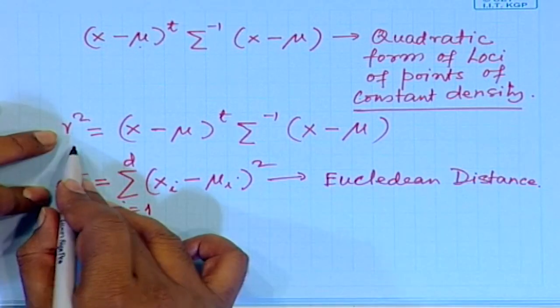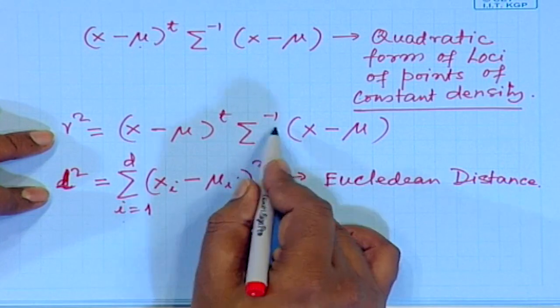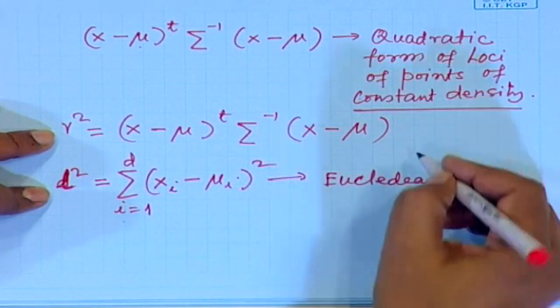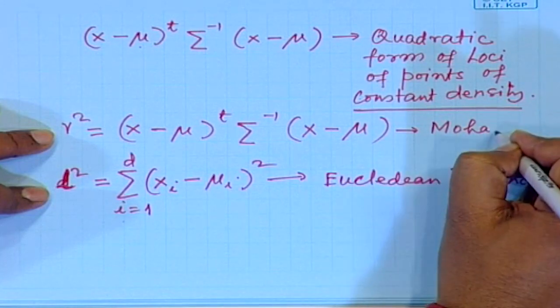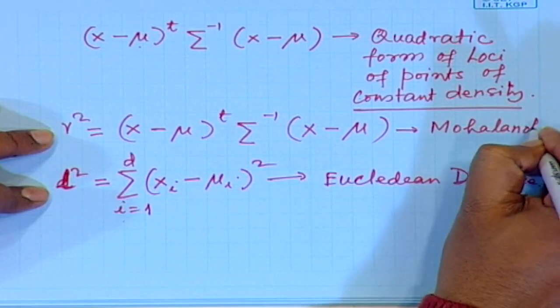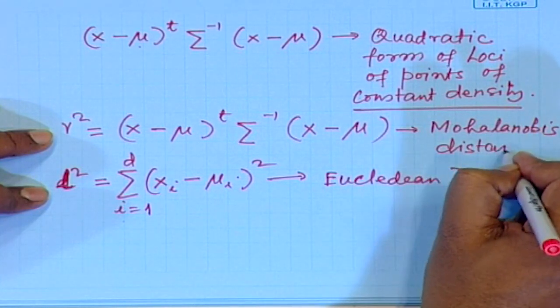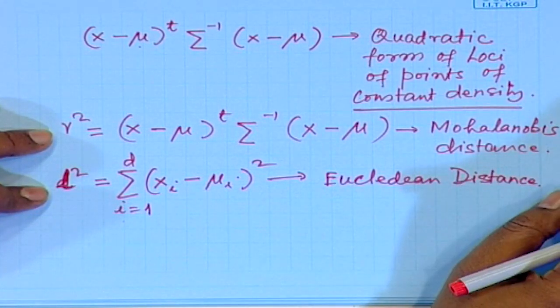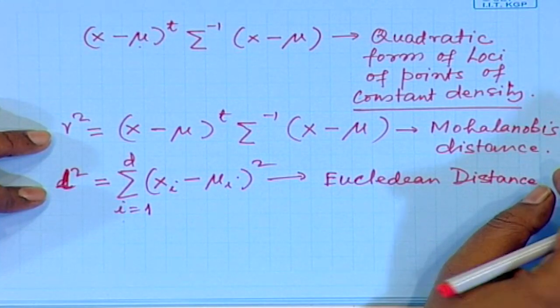This distance function, if I define as (x minus mu) transpose sigma inverse (x minus mu), this is what is called Mahalanobis distance, named after the great statistician P.C. Mahalanobis.